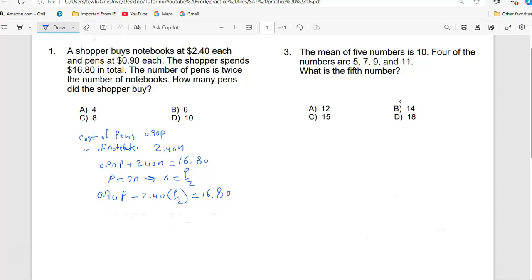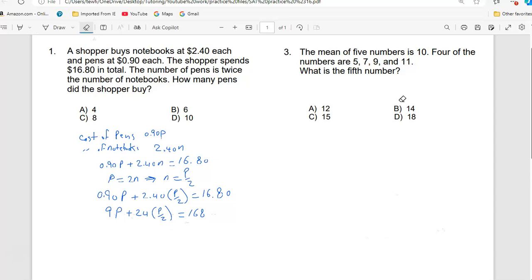It's a good idea to get rid of the decimal. So what about we multiply both sides by 10? So we get 9P plus 24 times P over 2 equals 168.